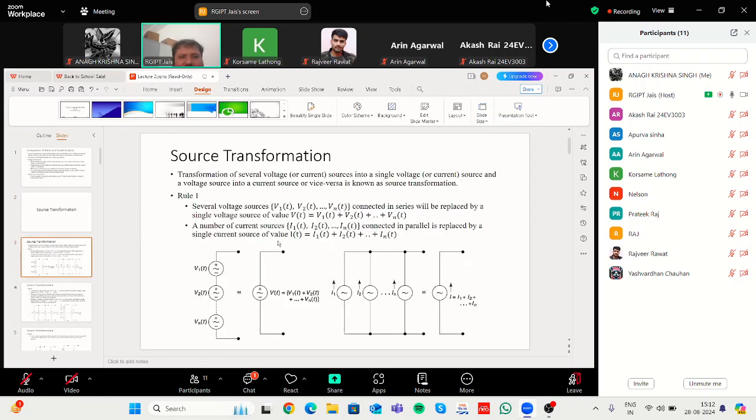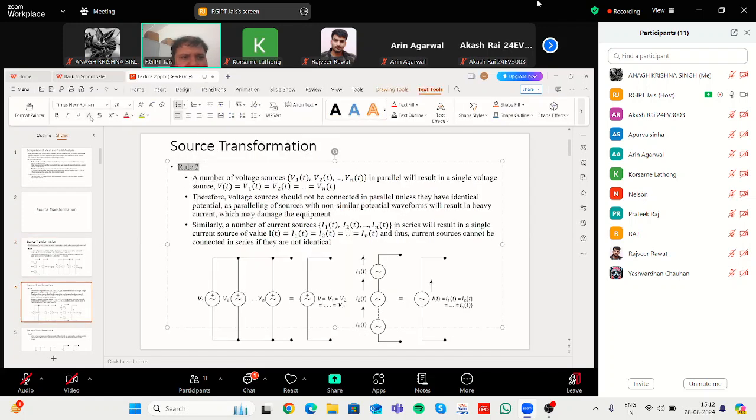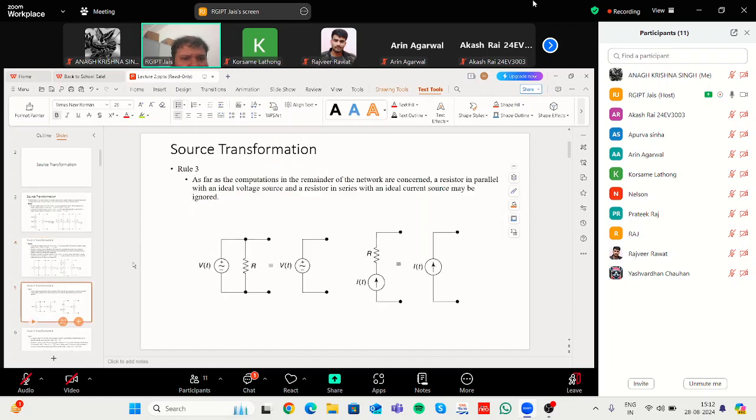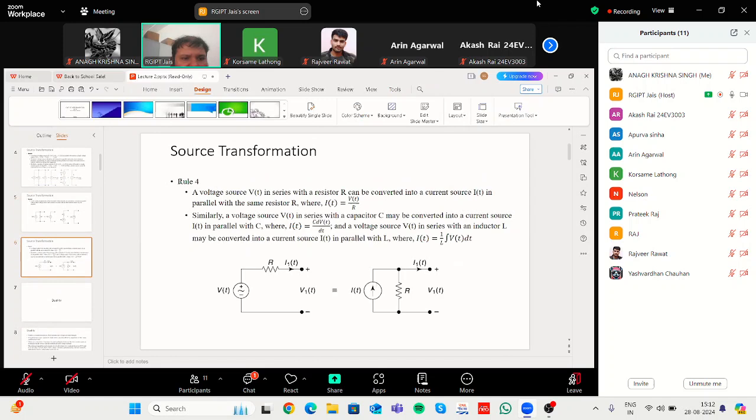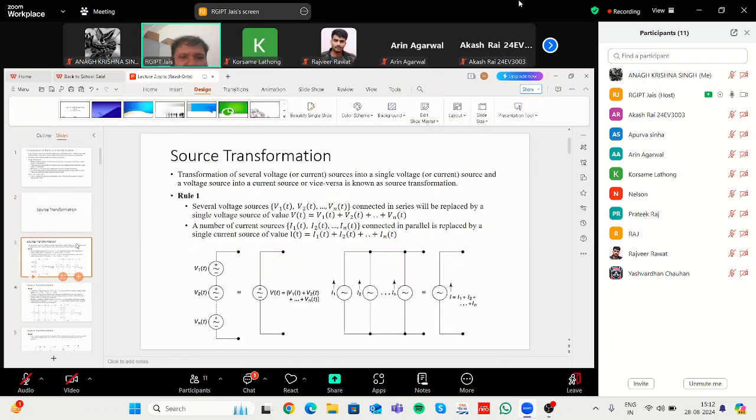Now, for source transformation, there are 4 rules. You have to remember these rules: rule 1, rule 2, rule 3, and rule 4. If you remember these 4 rules, then source transformation becomes very easy.